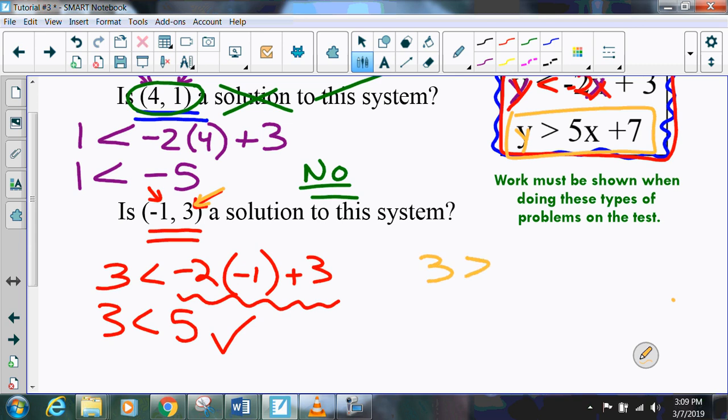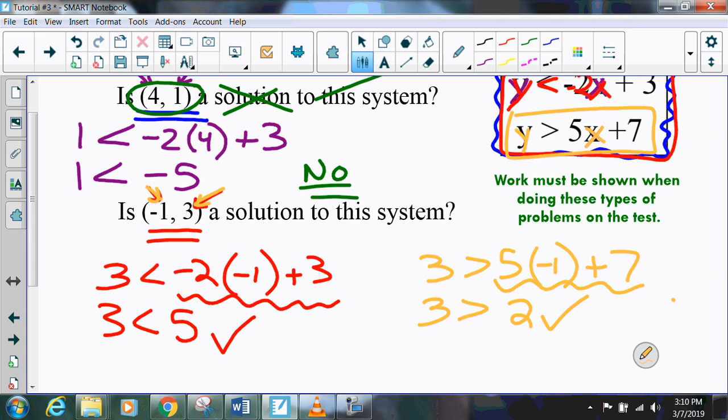I see the greater than. I see a 5. I see the x. Instead of writing an x, I'm going to drop my -1 into a parenthesis, then plus 7. I'm going to rewrite the 3 and the greater than, and then drum roll. I put that in the calculator, and I get a 2. Is this true? 3 is greater than 2? Yes.